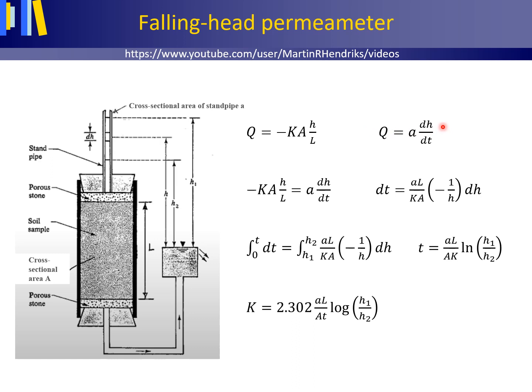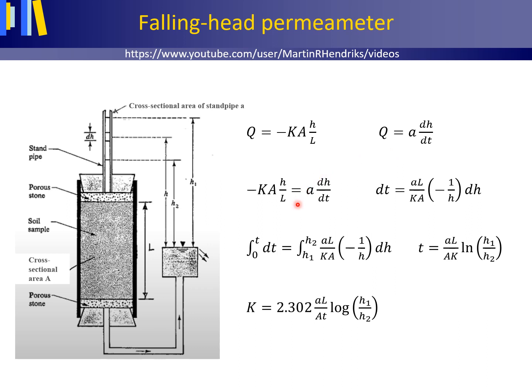As dH is negative and dt is positive, Q has a negative value, the water is flowing downwards. Q of Darcy's law and Q of this equation are combined to give this equation.